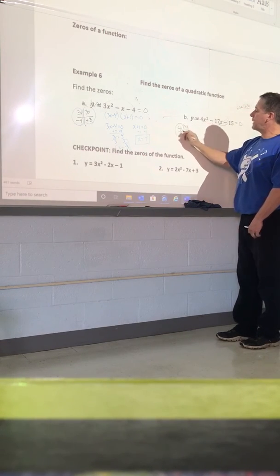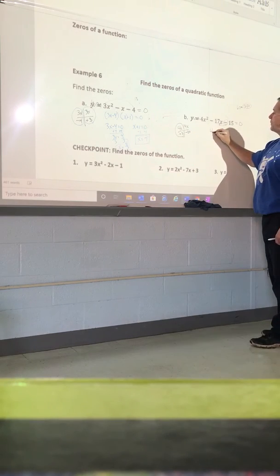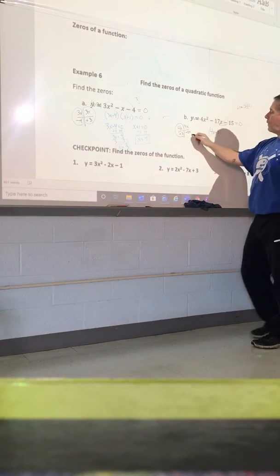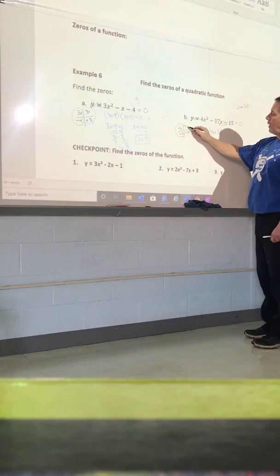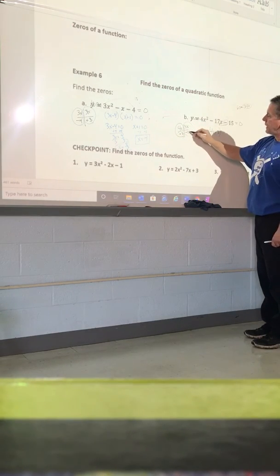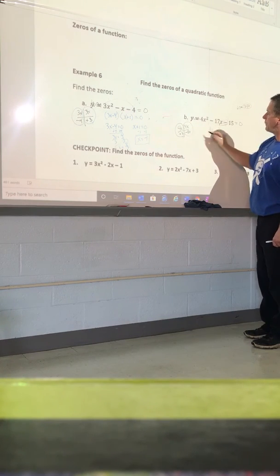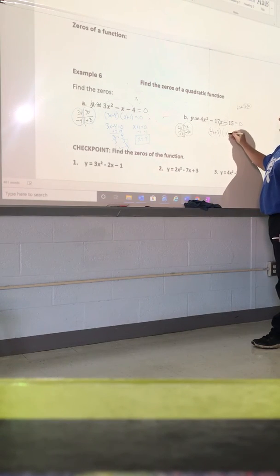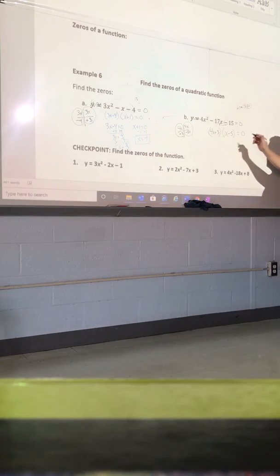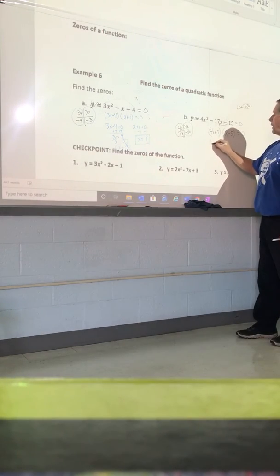We can't factor anything out of 4x plus 3, so we leave it, 4x plus 3. 4x minus 20, we can factor 4 out. That becomes an x, and that becomes a 5. So it leaves us with x minus 5 equals 0. Then we set these equal to 0. 4x plus 3 equals 0.